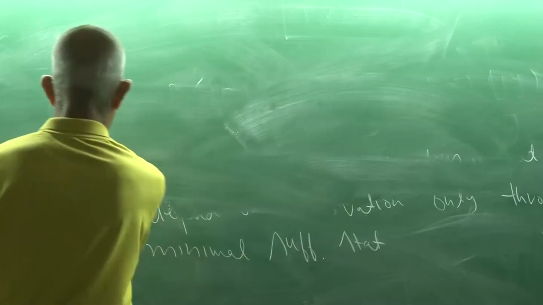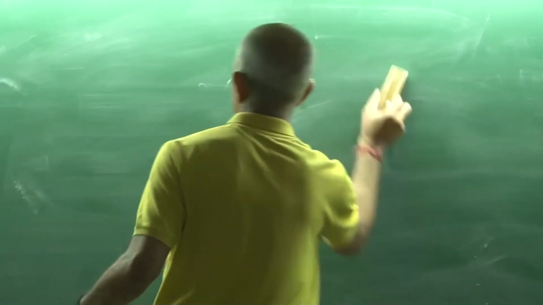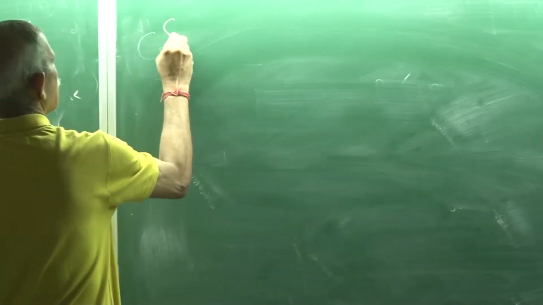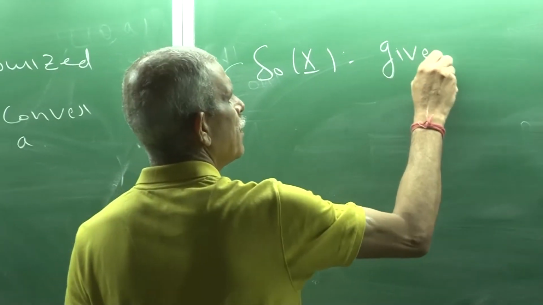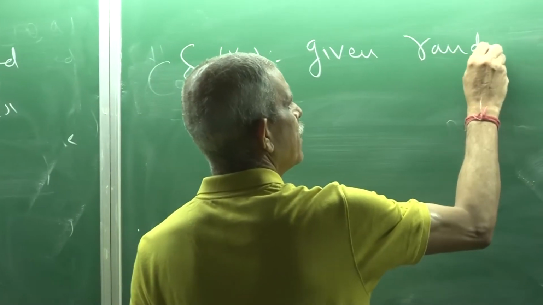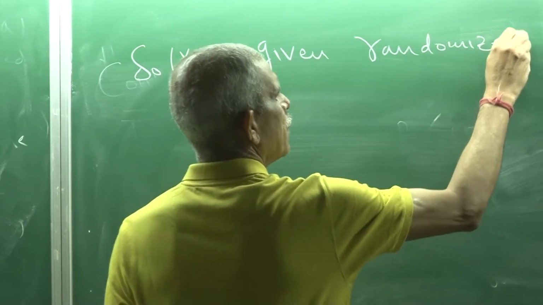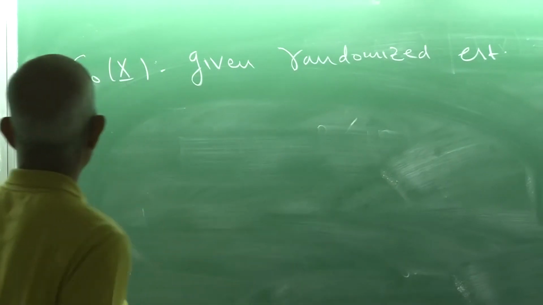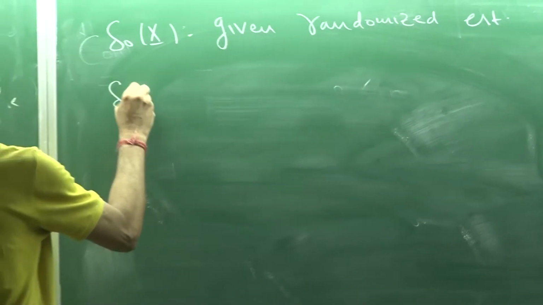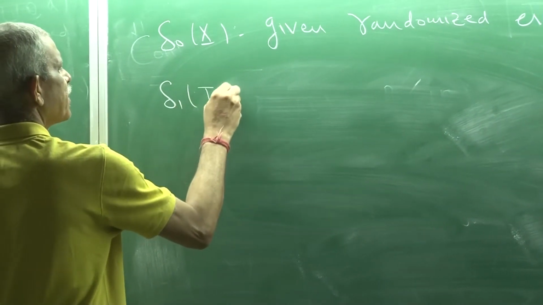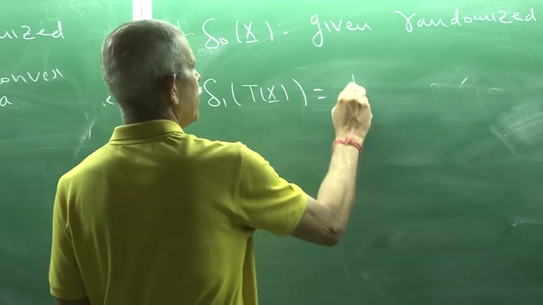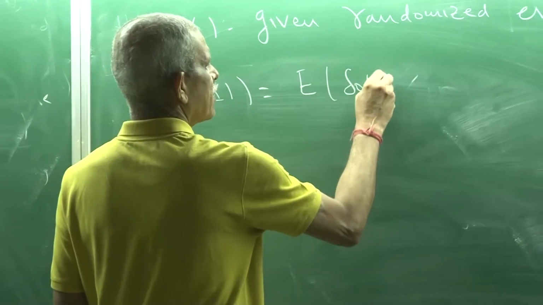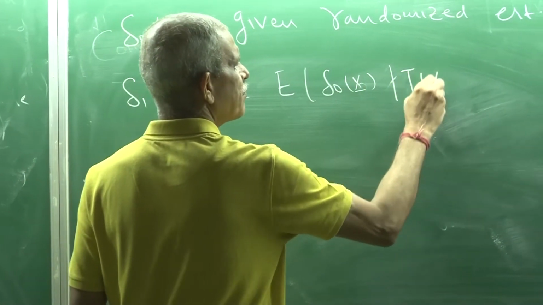Delta naught is a given randomized estimator. I define delta 1 Tx as the expected value of delta naught x given Tx.